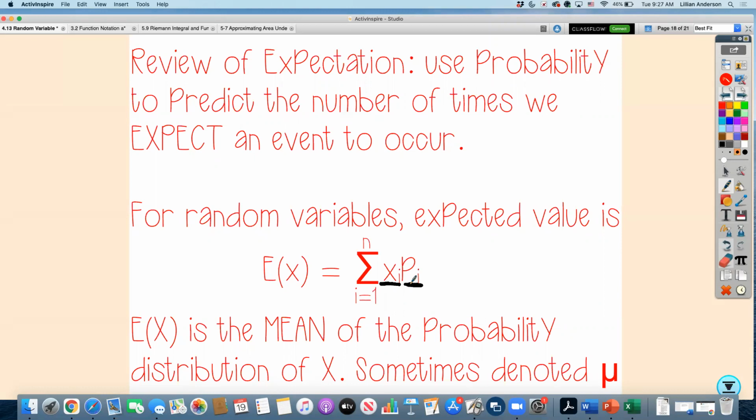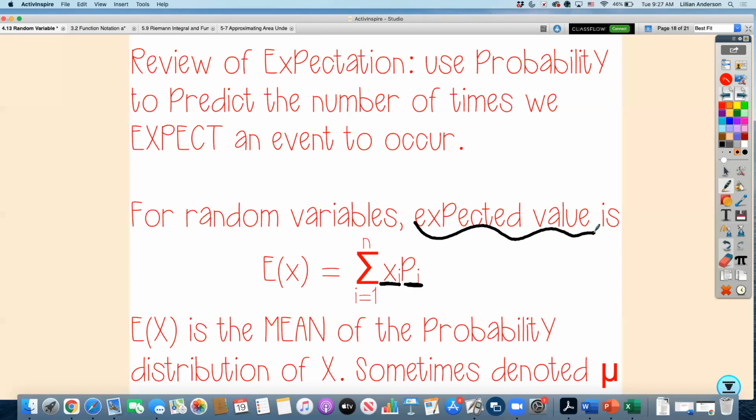For random variables, your expected value is the sum of all the X values multiplied by their probabilities, added up together, okay? Instead of just multiplying the X value by the probability and getting 4 different ones, you add them all up together.